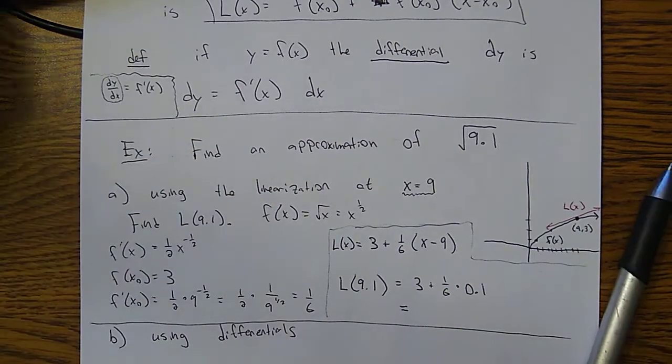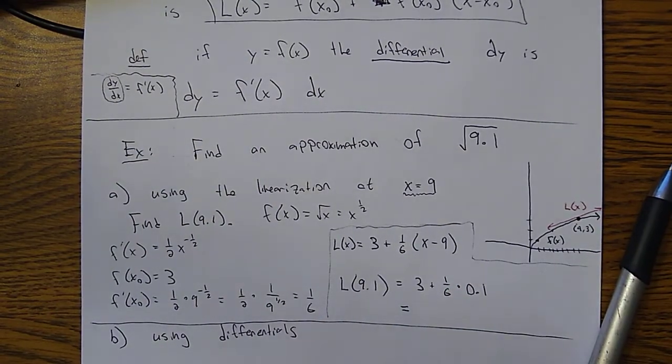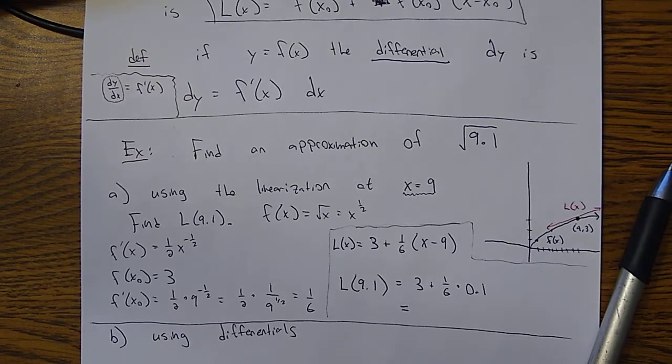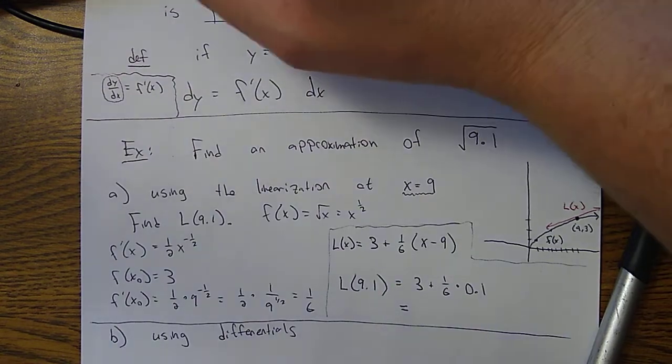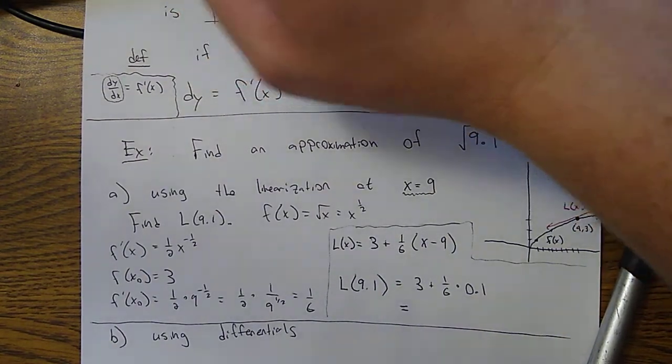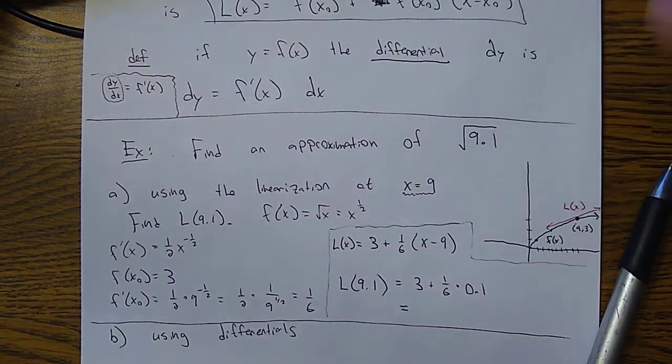And as usual, I need to give a decimal for something. So what is 3 plus 0.1 over 6?